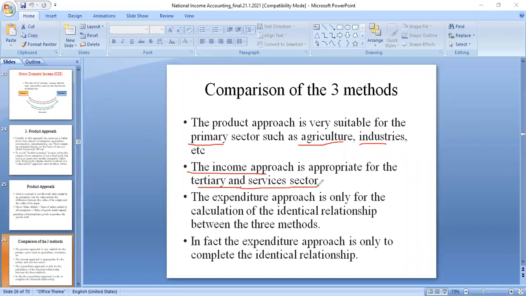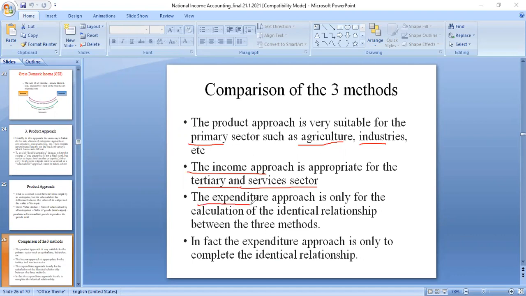We looked at these workers that are working for the government. They are providing a service to the government. So we are looking at their income, and then with the income approach, we come up with the final value of the national income, right?